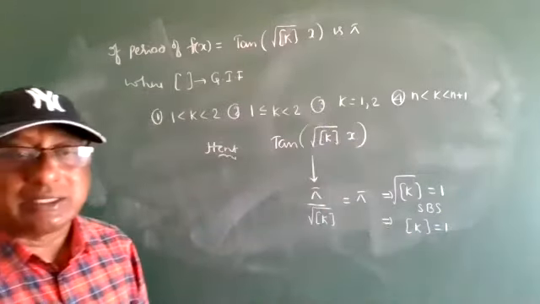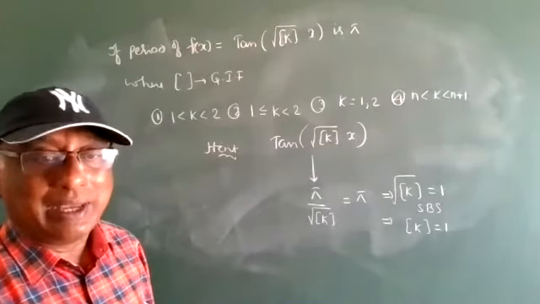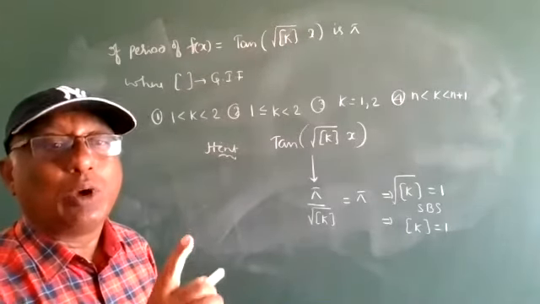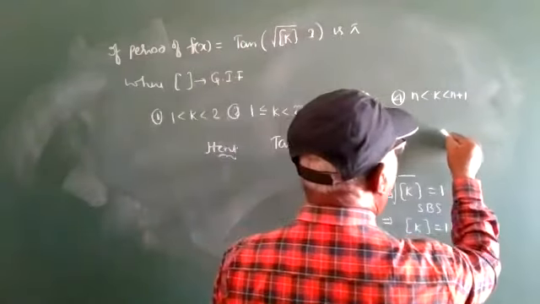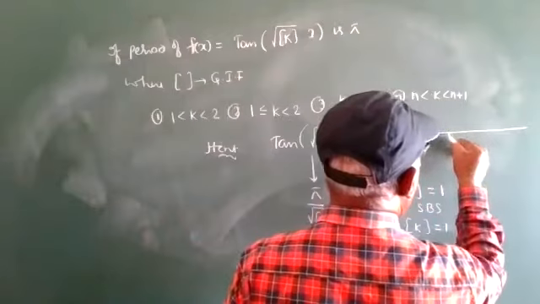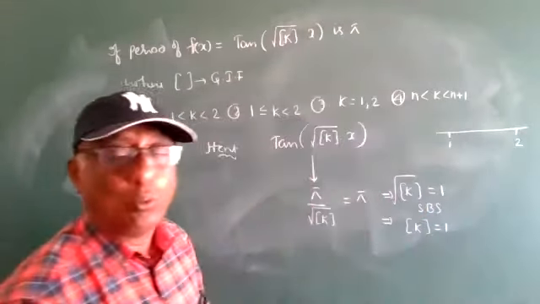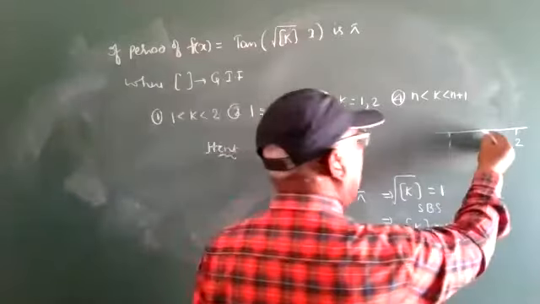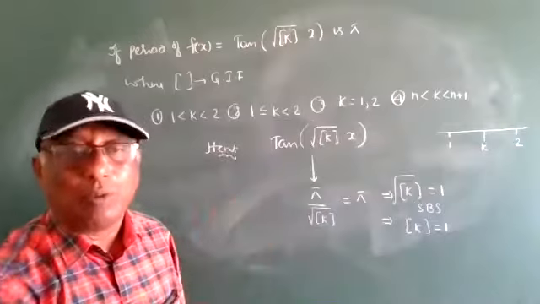What is the meaning of step function? Getting 1 means it lies between 1 and 2. So k must lie between 1 and 2. Any value between 1 and 2 comes to the left side, 1 only.